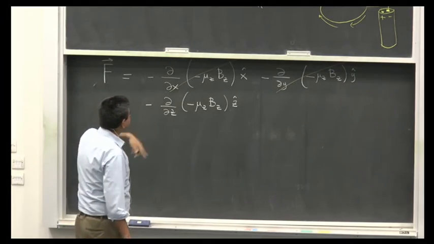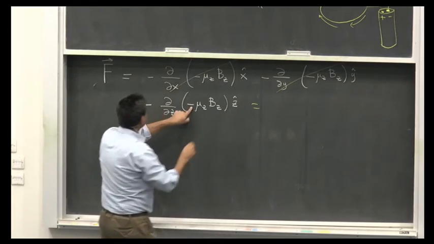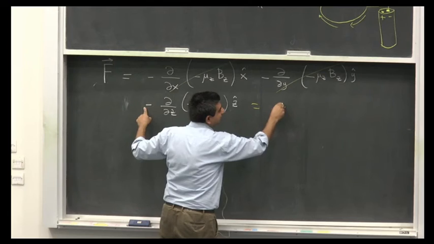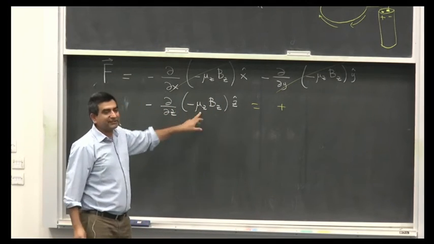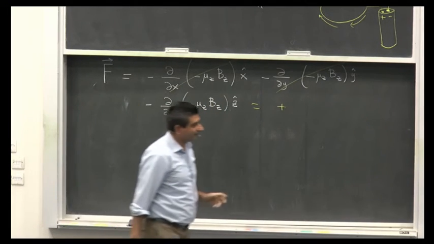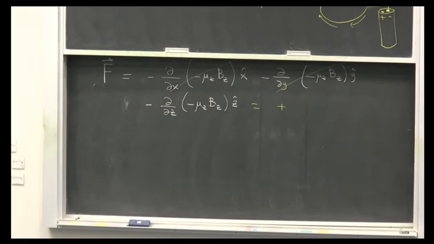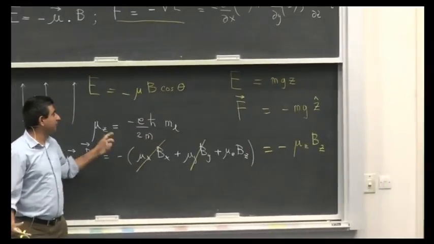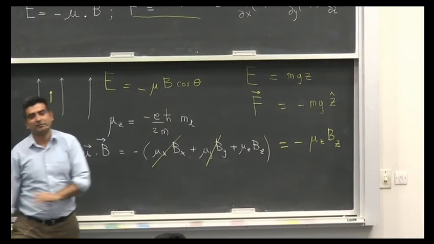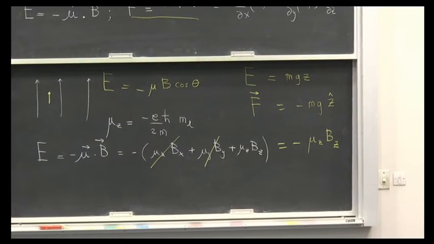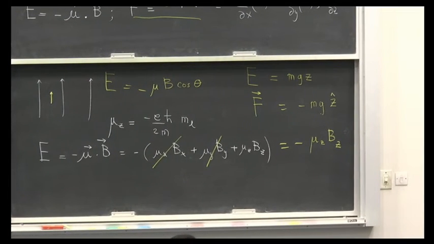So if I look at this expression, this minus sign comes out plus. This mu z is just a constant, right? It's just this constant over here. And it depends upon ml, but ml is just a number. So instead of mu z, I can put in this value here. So mu z is E. Mu z is negative, right?